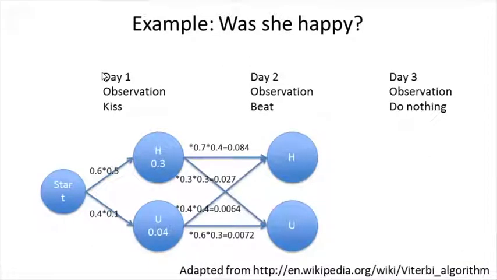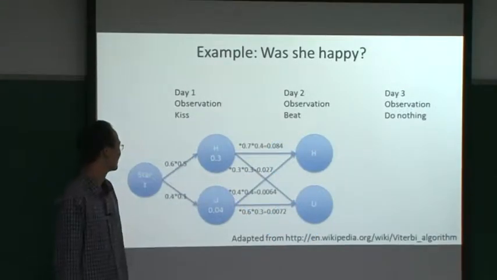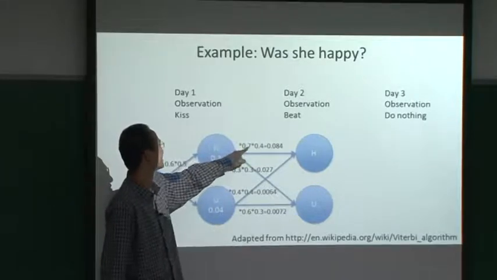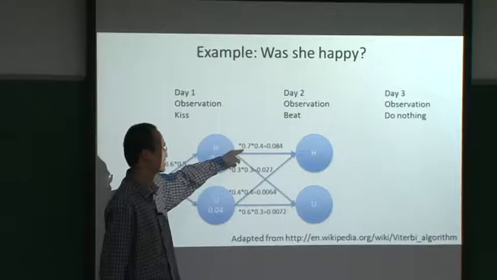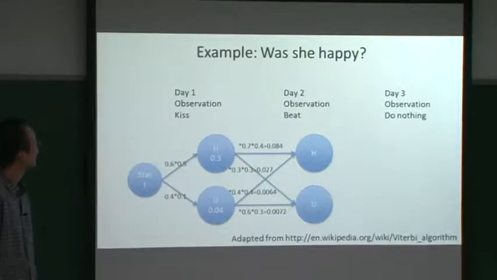During the second night, she beats you. If she's happy on the first day, she has a probability of 0.7 to still be happy on the second day. And if she's happy on the second day, the probability she beats you is 0.4.